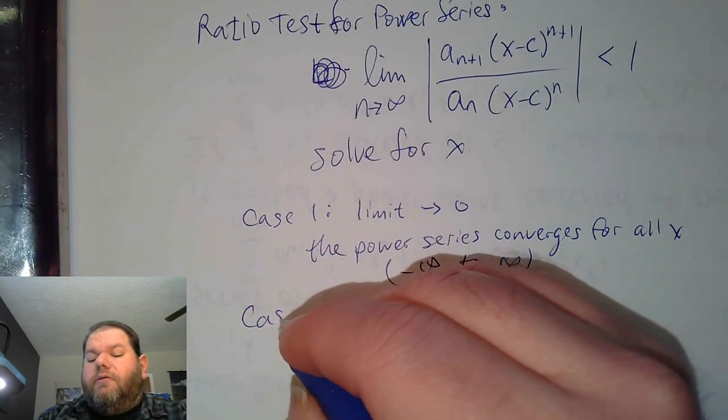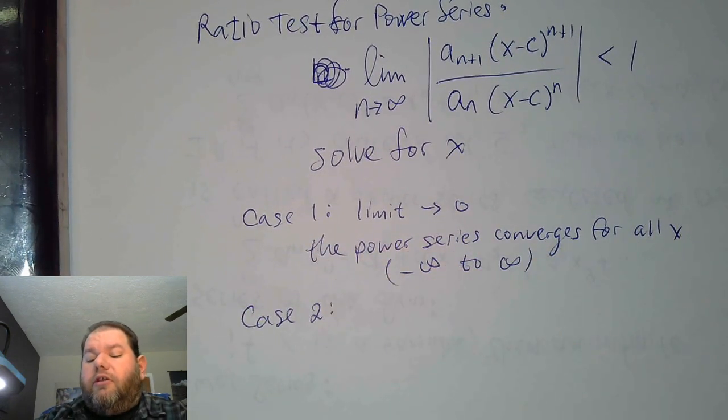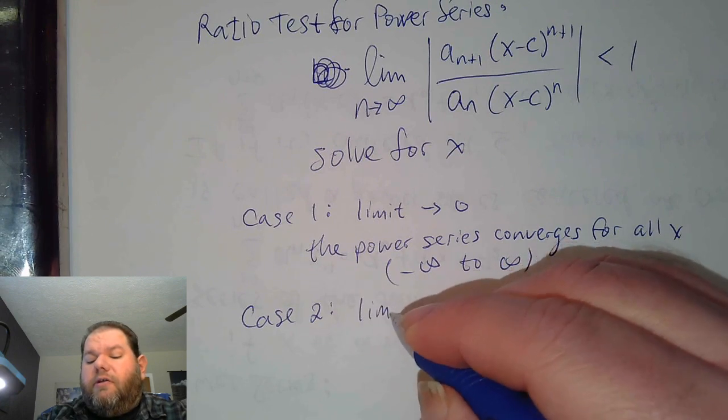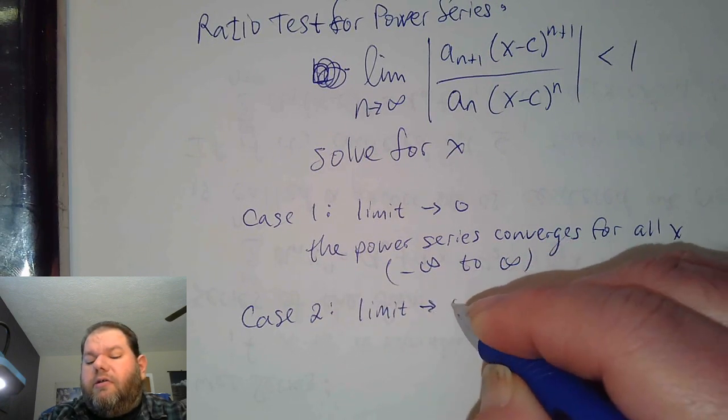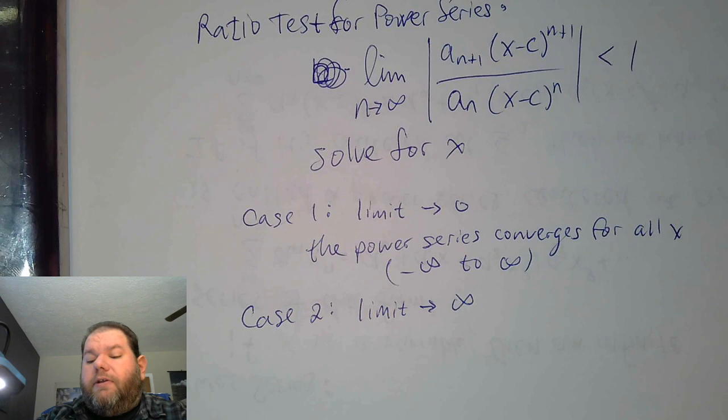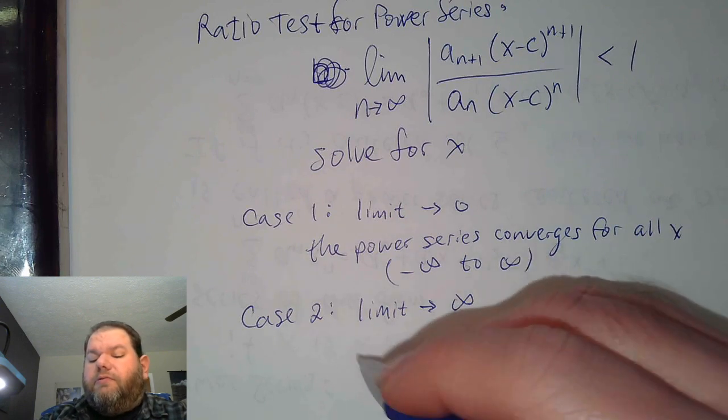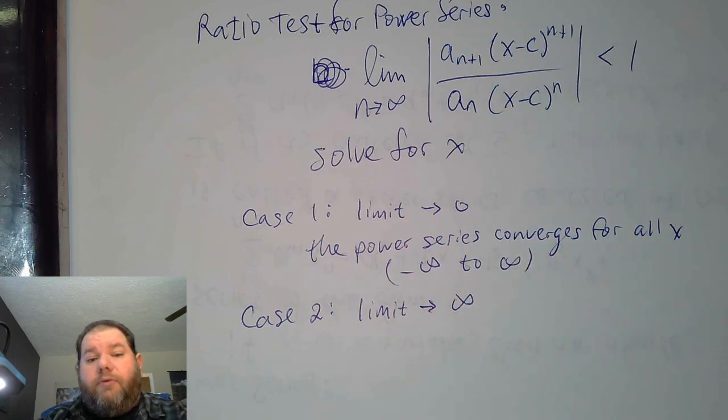Case 2, the limit goes to infinity, which means the power series converges only for x equals c.